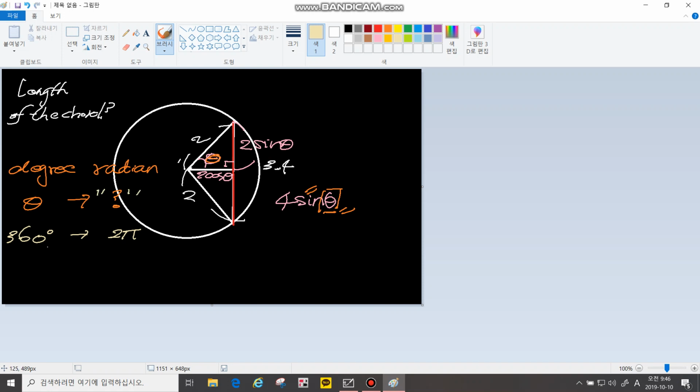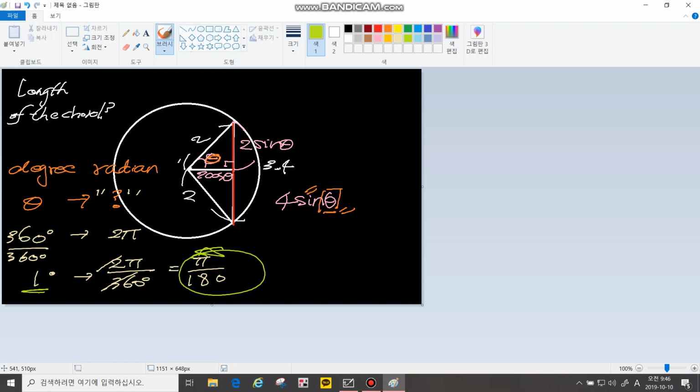So for 360, you just divide both sides by 360, then you have 1 degree here, and then this is going to be 2 pi over 360, right? Since we have 2, we can simplify that to pi over 180. So as you see, 1 degree is pi over 180, right?